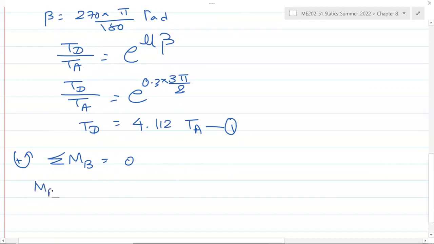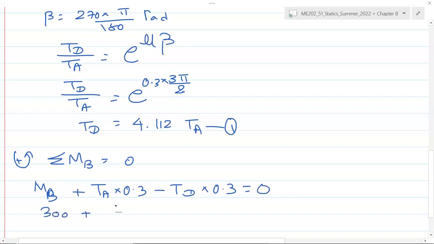So the externally applied moment at B plus TA multiplied by 0.3 minus TD multiplied by 0.3. TA results in a counterclockwise moment, TD results in a clockwise moment, equal to 0. So it's 300 plus TA times 0.3 minus TD times 0.3 is equal to 0.